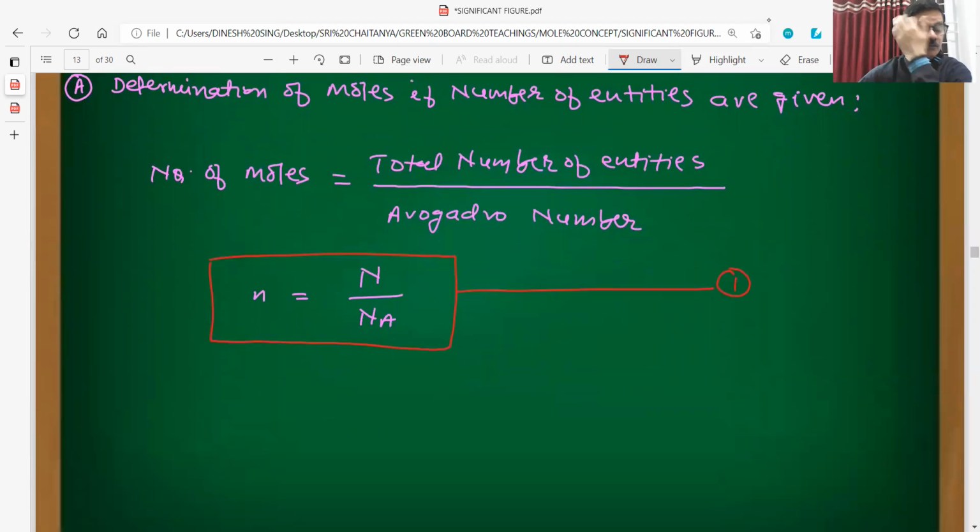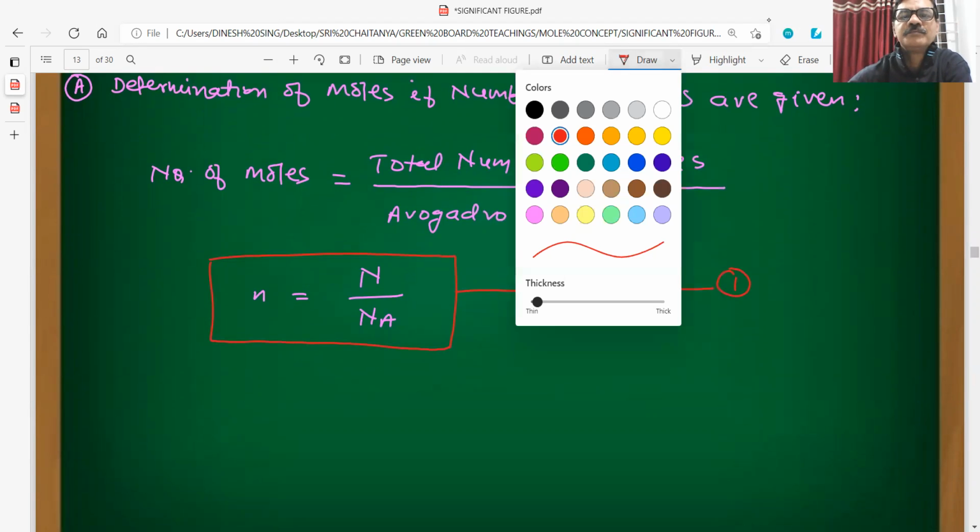In the whole of physical chemistry, these are very basic things which will be applied everywhere.